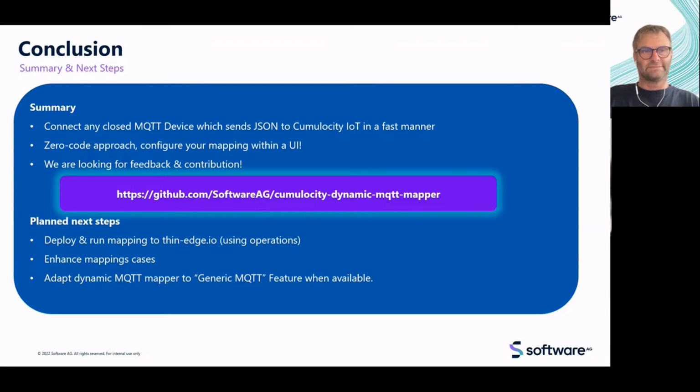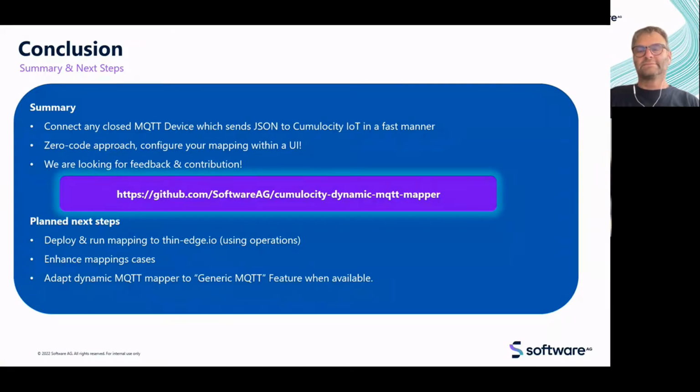One thing on top of the list is how we can support not only the server side approach, but also gateway agents like the Synedge.io, because we also have devices where we have a local MQTT broker, where we have the same issue that we need to map the data, maybe not only on the server to the Cumulocity domain model, but maybe on the SynEdge to the domain model.